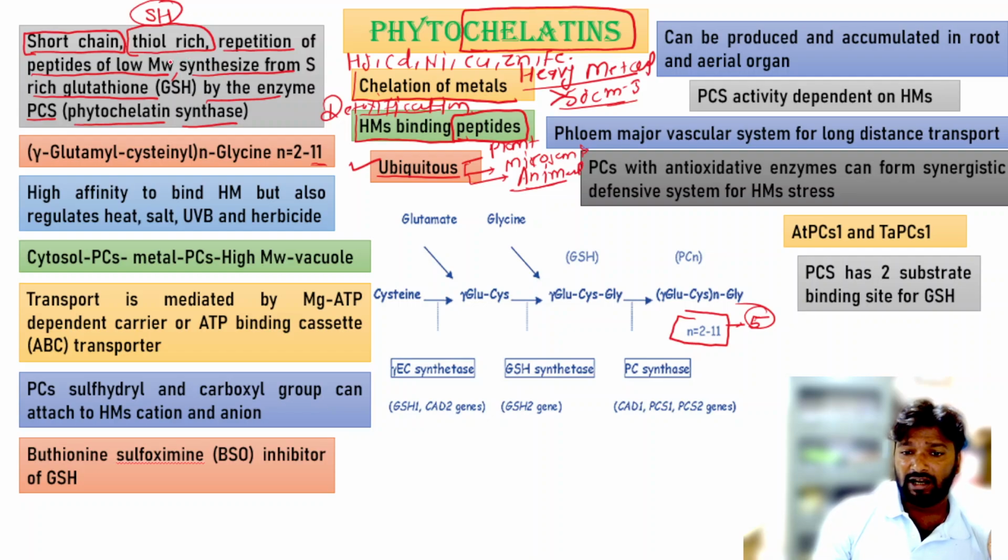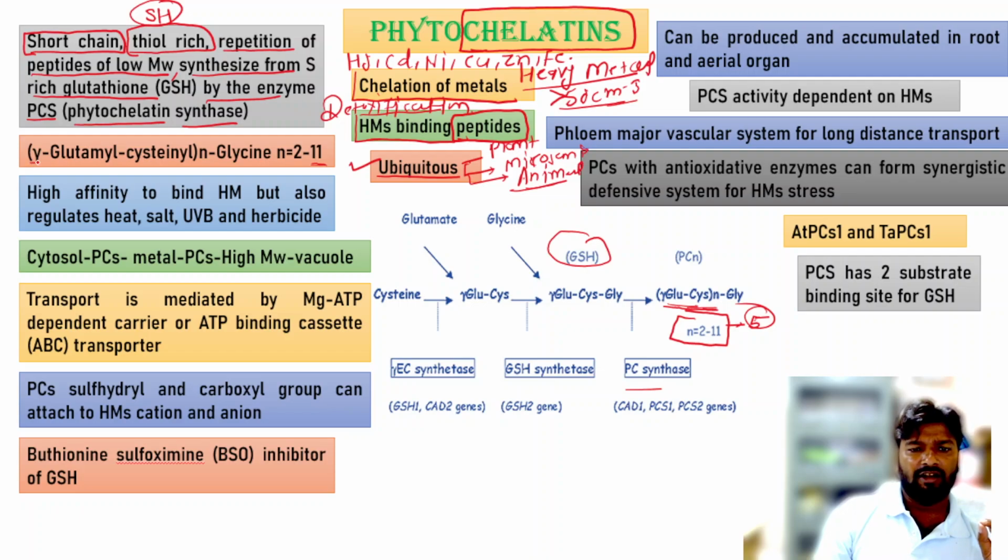Then these are thiol rich, meaning SH groups are abundant. Repetitions mean the repetition of these low molecular weight peptides, and GSH and PCS enzymes are involved during phytochelatin synthesis. Clear? So this is the common structure of these phytochelatins.